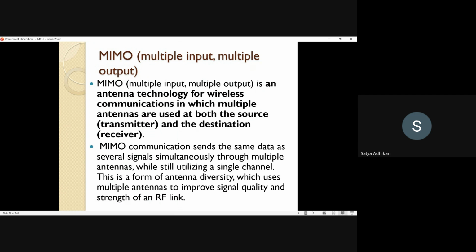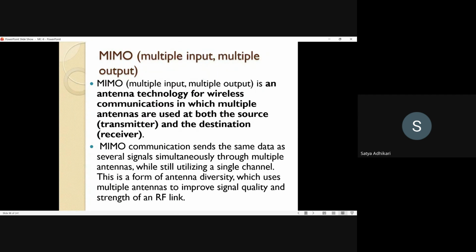Another technology is MIMO, multiple input, multiple output. Let us see how it works. MIMO is an antenna technology for wireless communication in which multiple antennas are used at both the source transmitter and the destination receiver. So multiple antennas are used on both sides, source as well as receiver.